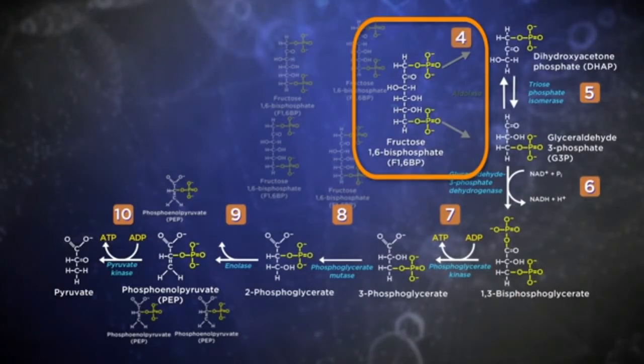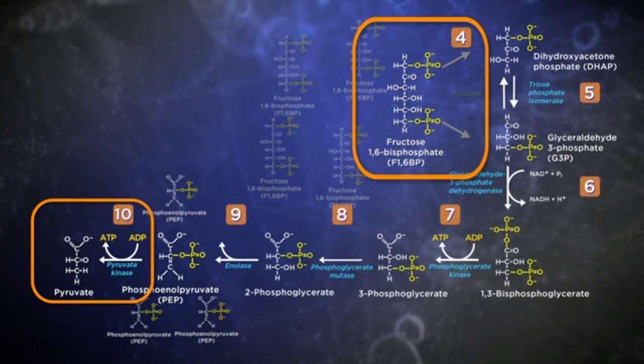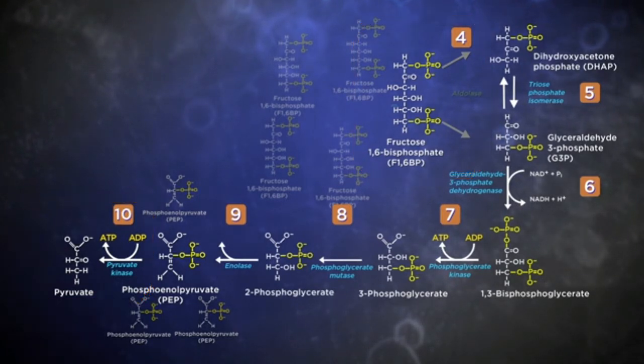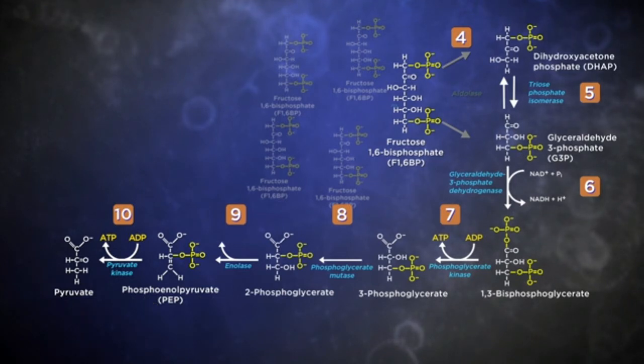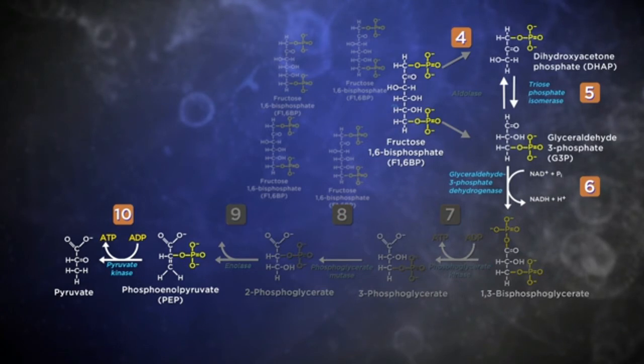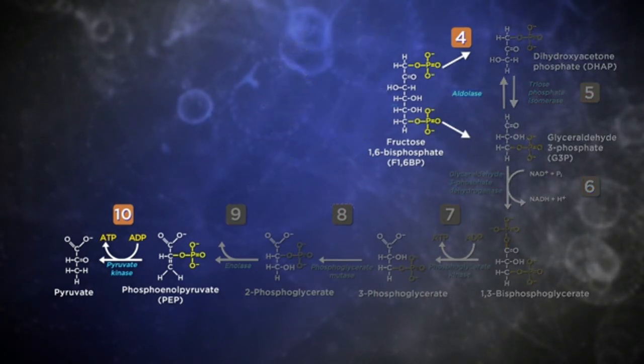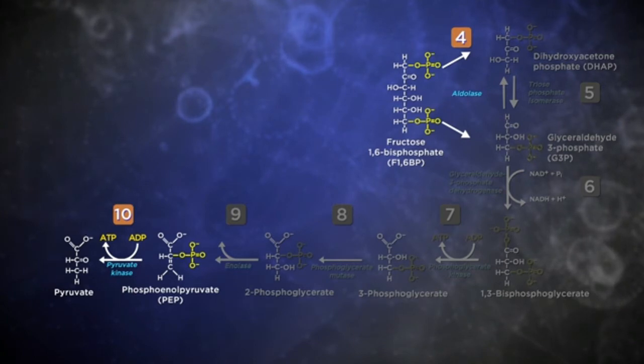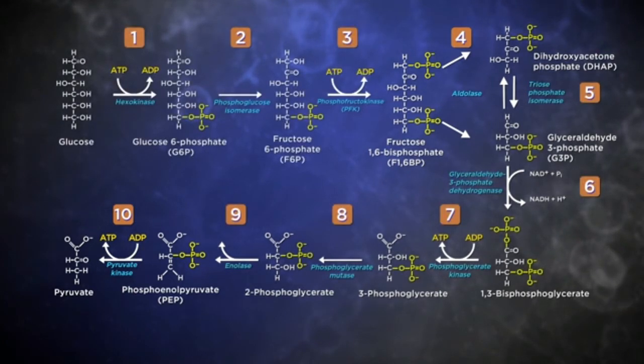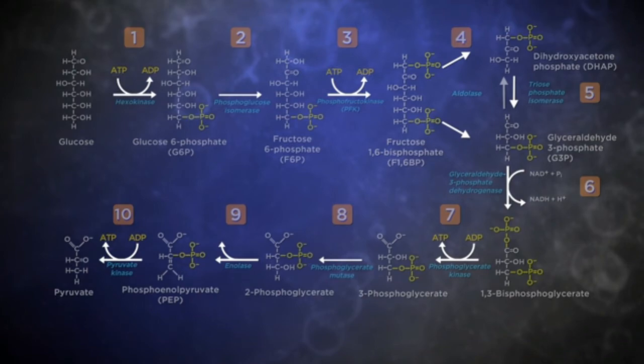So when F16BP activates pyruvate kinase, as it can easily do, the drain gets unplugged, reducing the PEP concentration in step 9, which in turn reduces the concentration of all the products going back to aldolase's reaction in step 4. With the PEP clog removed, the reactions run in the forward direction as they need to here.